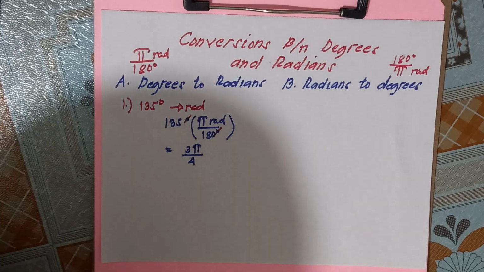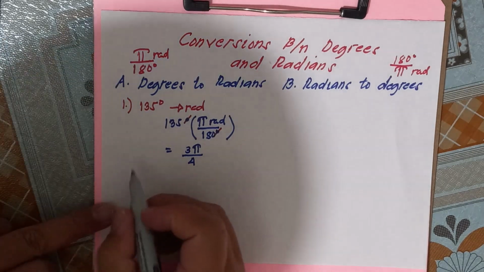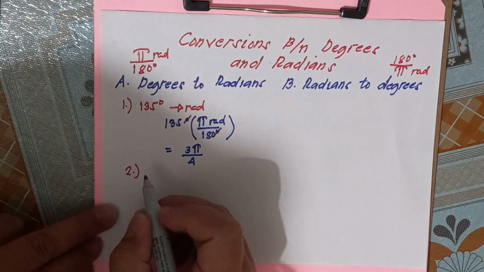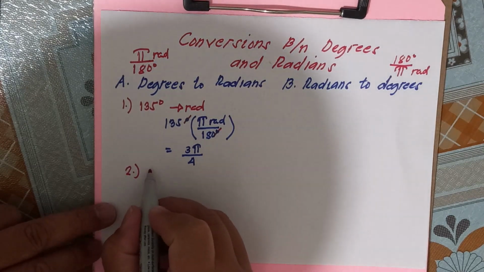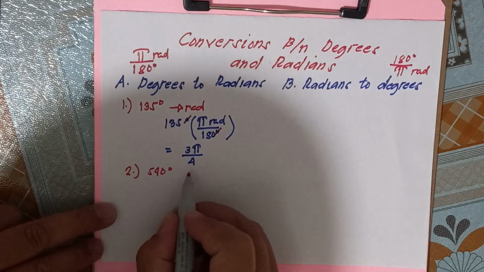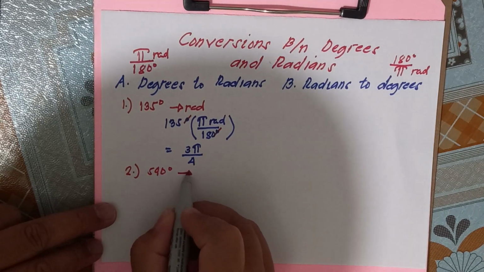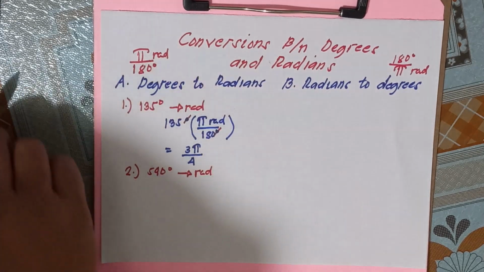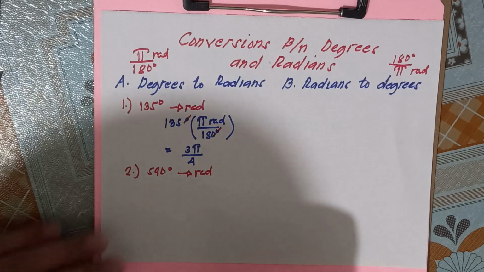Another one, number 2 example. We have 540 degrees. Convert it into radian. How do we convert this one? Same procedure.